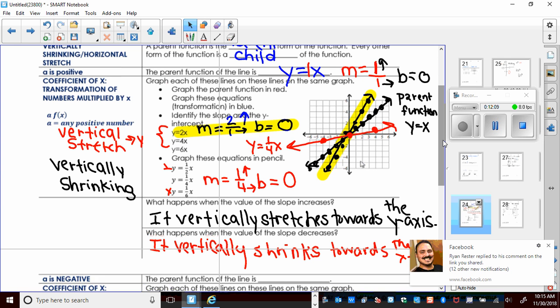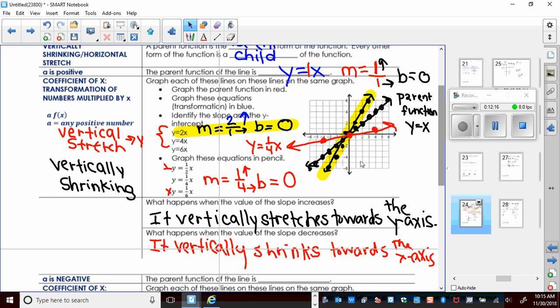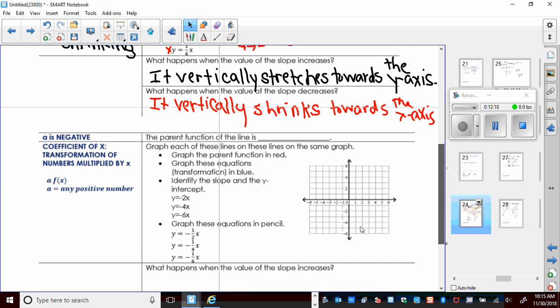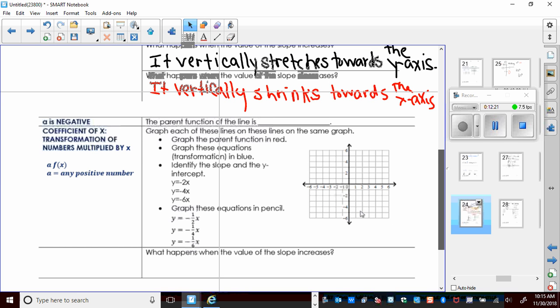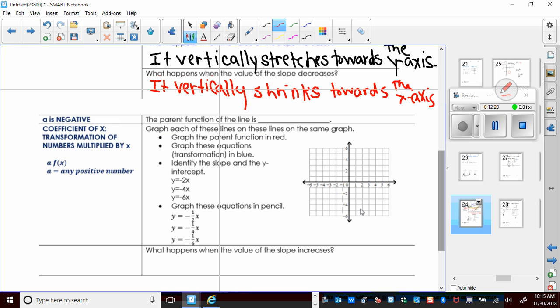Now down below, the parent function of a line, it's repetitive. The parent function of all lines is always y equals x. Your slope for this line is 1. I want to create a fraction, I divide by 1. My y-intercept is 0.